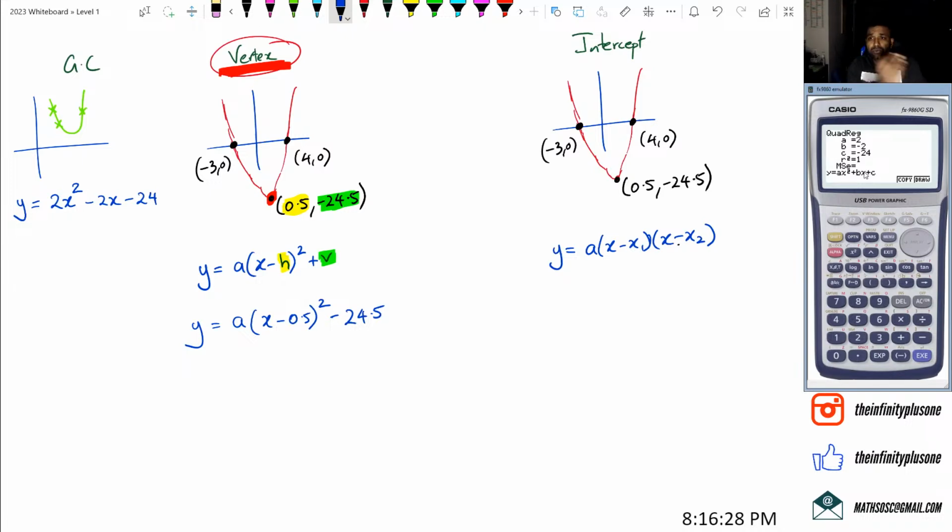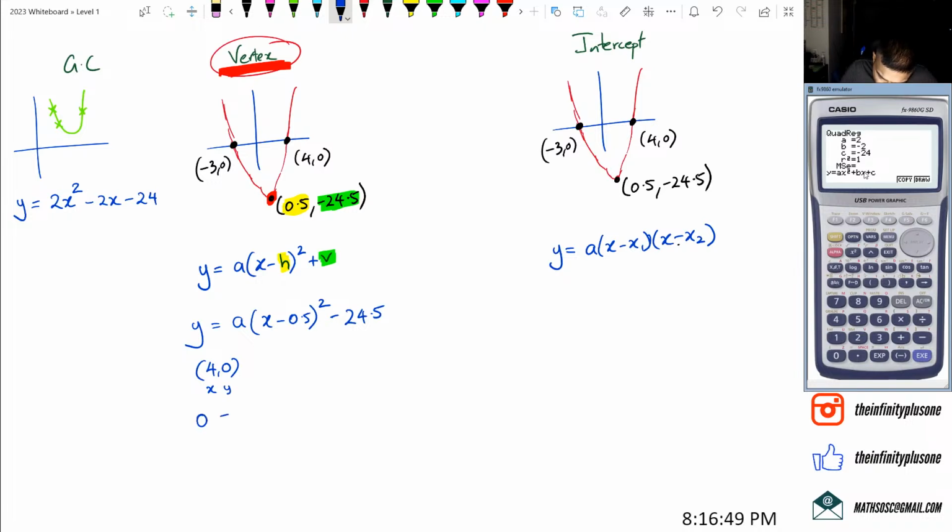Okay, so now we've got to figure out what the a value is. To figure out the a value, you need to substitute one of those points, either 4, 0 or negative 3, 0. I'm going to substitute 4, 0. Remember that this is x and y.